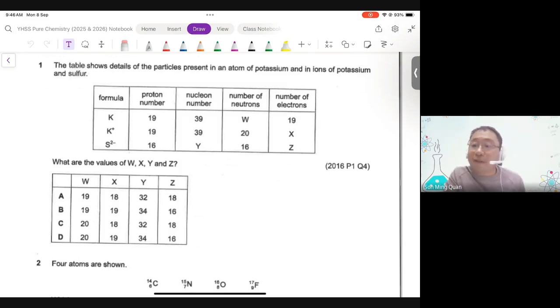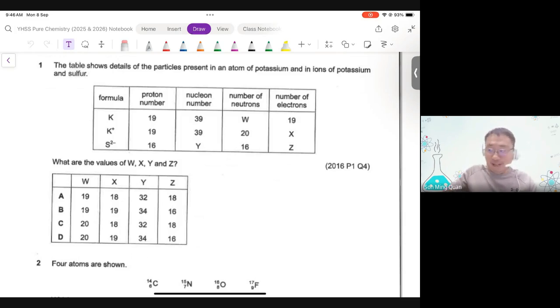Okay, so far I've had 5 votes already. There are 10 students, I think, in this group. How about the rest?